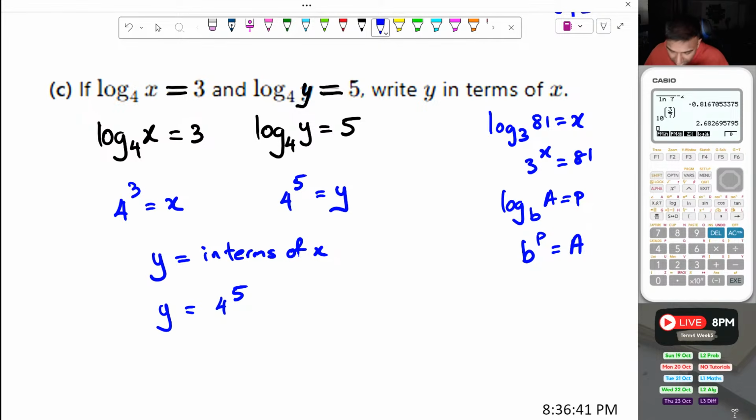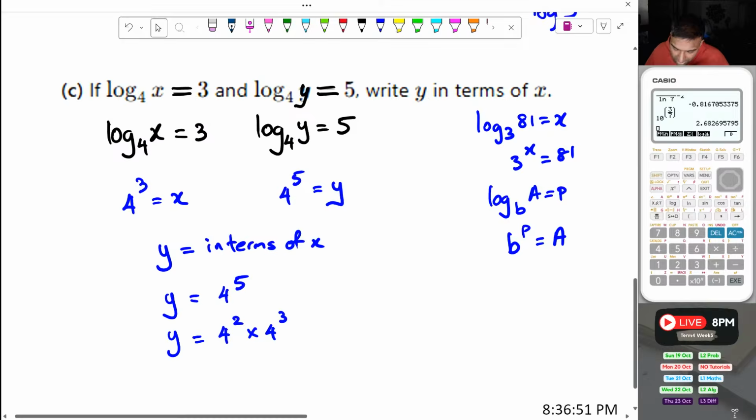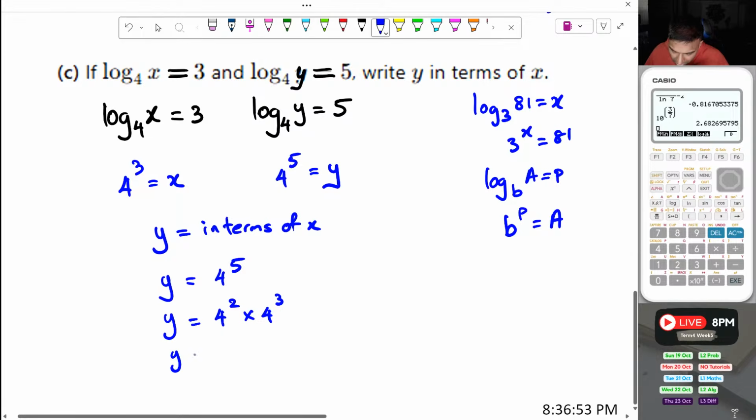No, sorry. You guys were right, that was my bad. You can write this as 4 squared times 4 cubed. And because x is equal to 4 cubed, we've got 4 squared times x, and then y is equal to 16x. You were right. Sorry. ChatGPT gave me the wrong answer. I blame it on it.